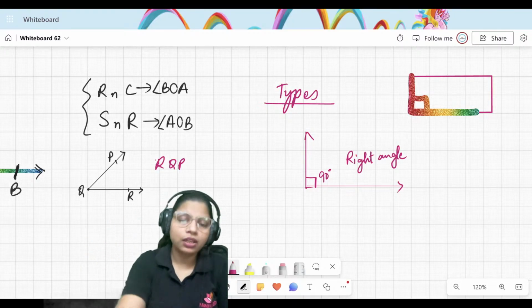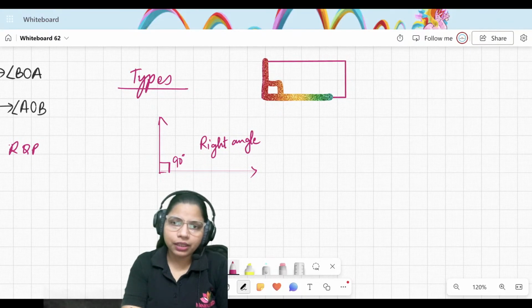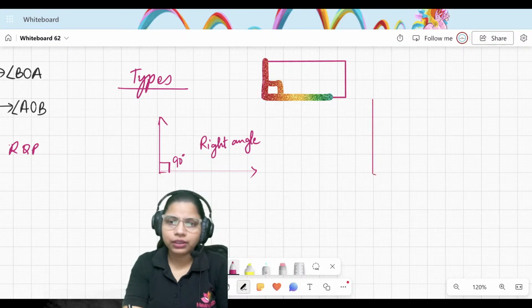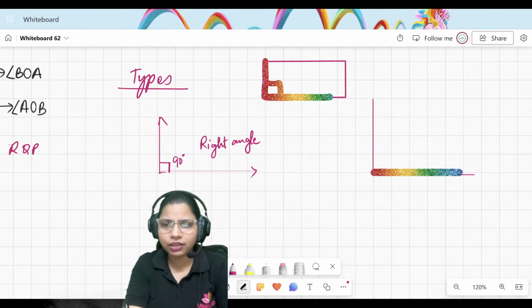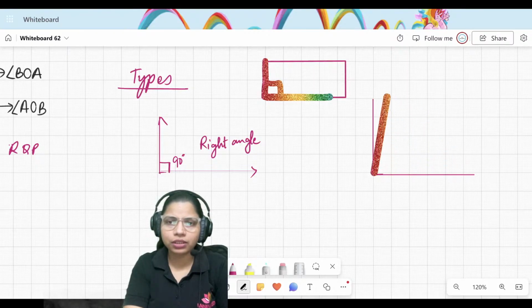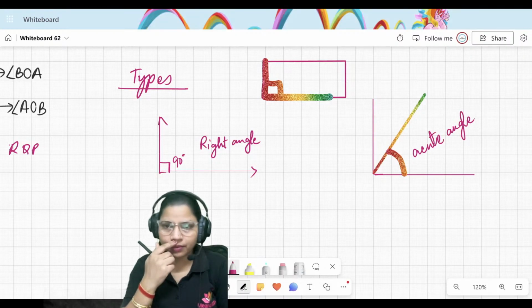Just 90 degrees. Now if we take an angle, for example this is your 90 degrees, the right angle. Let me connect. What have we done now? If any angle lies in this span, bigger than 0 but smaller than 90, then all these angles are acute angles. So this is an acute angle.